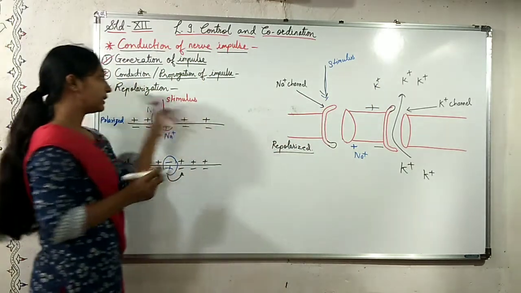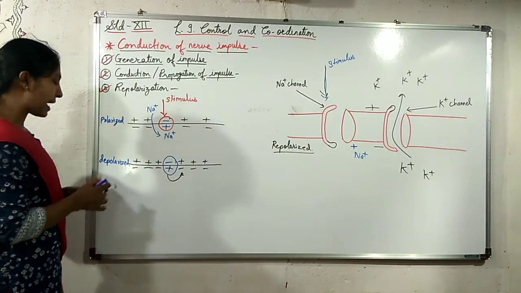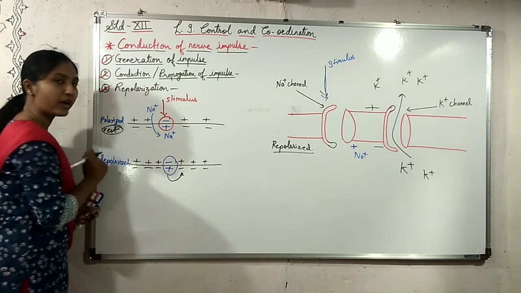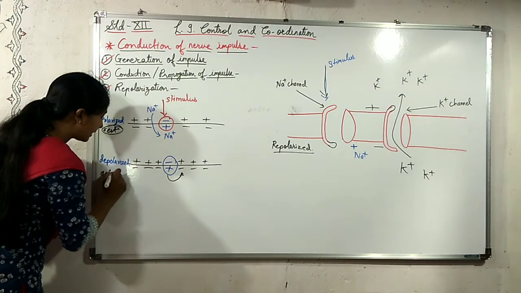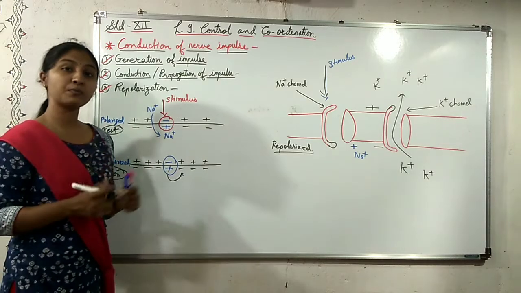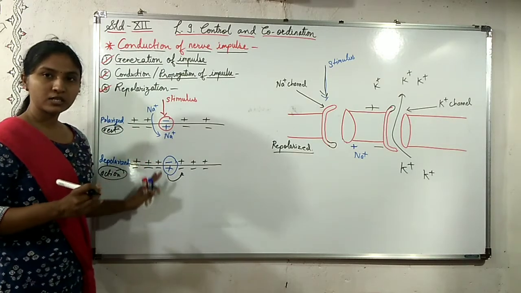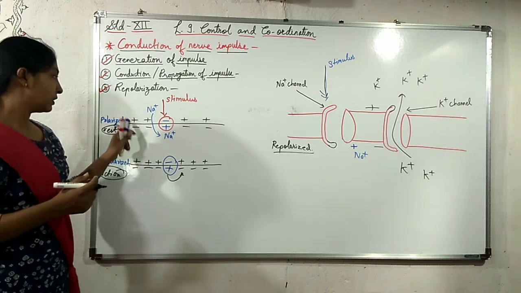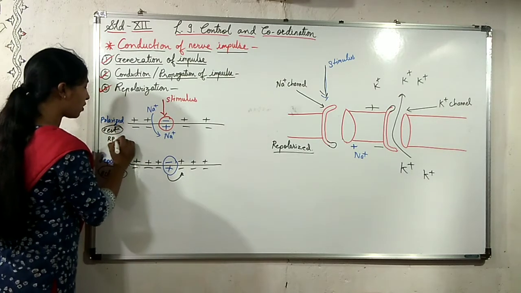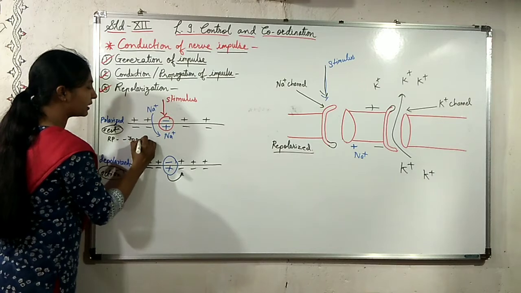In the beginning, in the normal case, this is the resting state. This is the state of rest. This is the action state, the state of action potential. In the previous part, we discussed the action potential. This was the resting state, and here the resting potential was minus 70 millivolts.